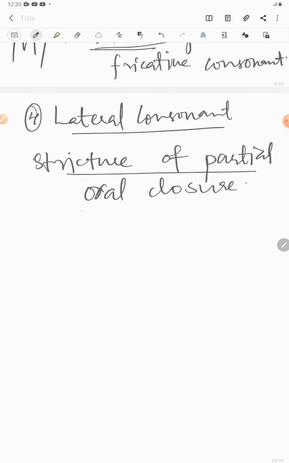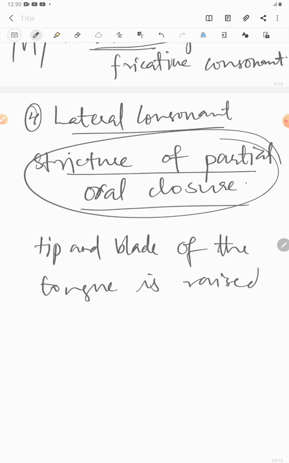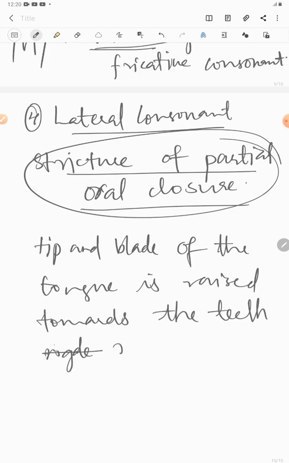The tip and the blade of the tongue are raised towards the teeth ridge, which blocks the air passage.